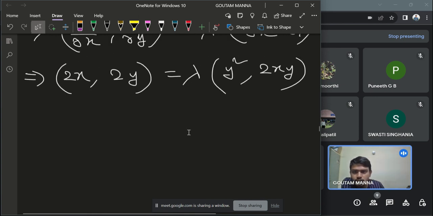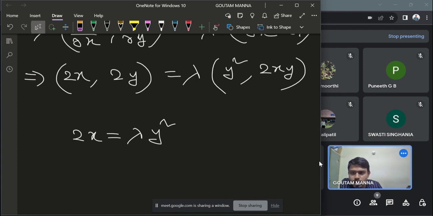So the equations we have are 2x equals to lambda y square and 2y equals to lambda times 2xy.